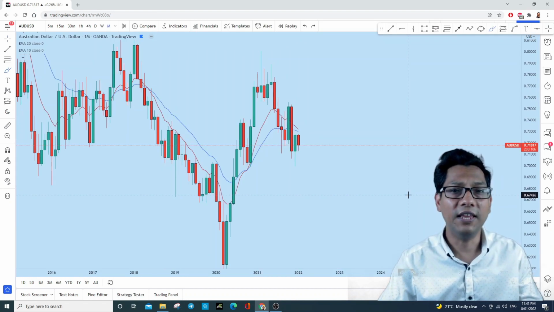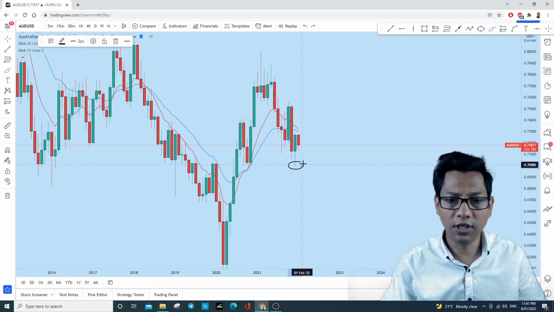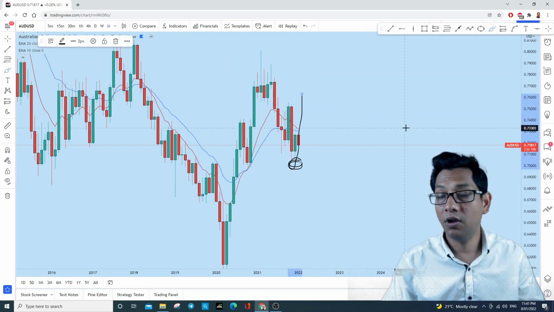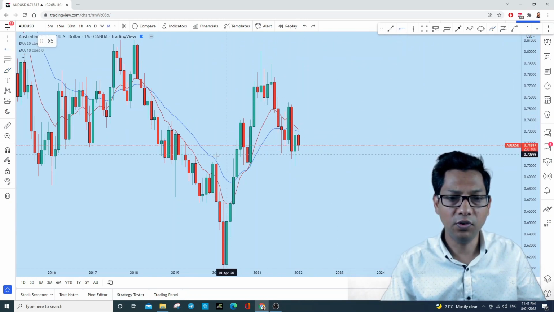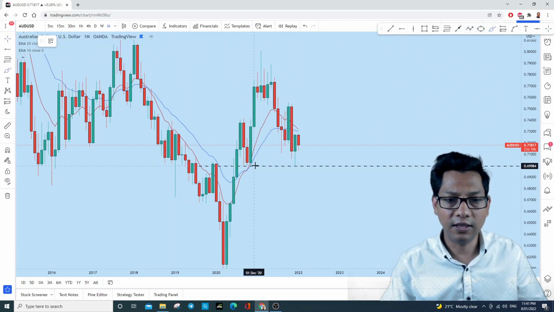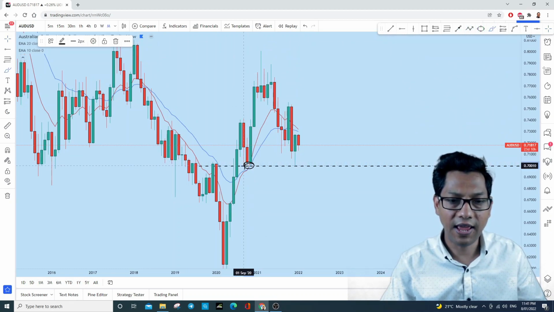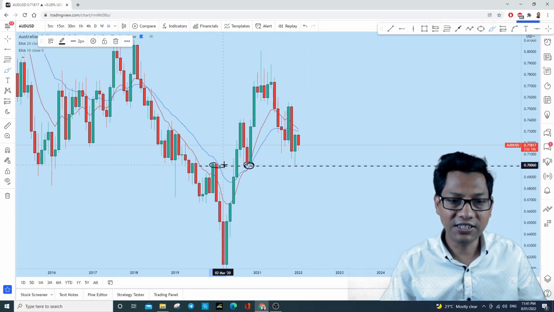Now on the monthly AUDUSD, if you look at the previous months, you saw a bullish candle from a very important level of support. If you draw a line here, you saw that on the monthly in the past, this level acted as a very important level of support here, resistance here.